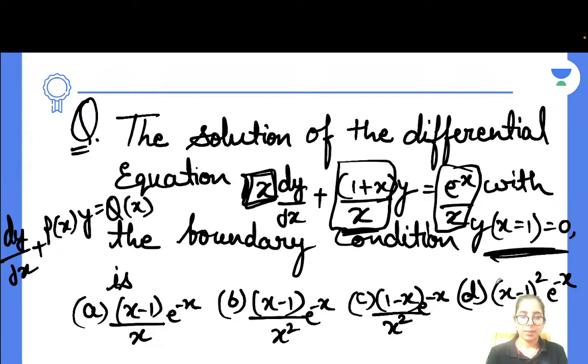Let me know, is this clear to everyone? Option A is the correct one here. And if you're getting option A, that's true.